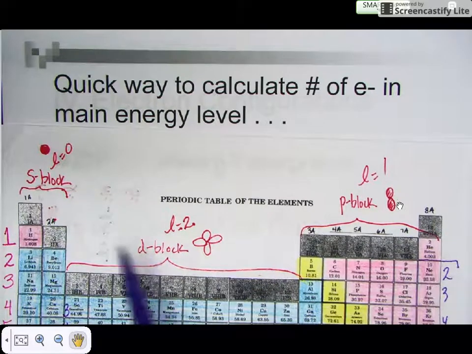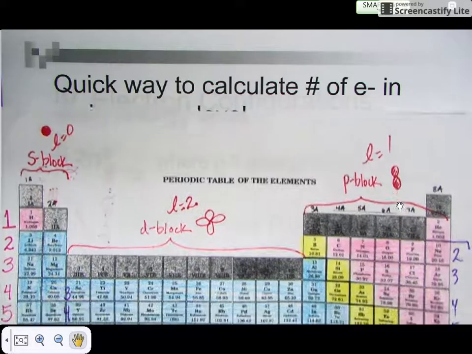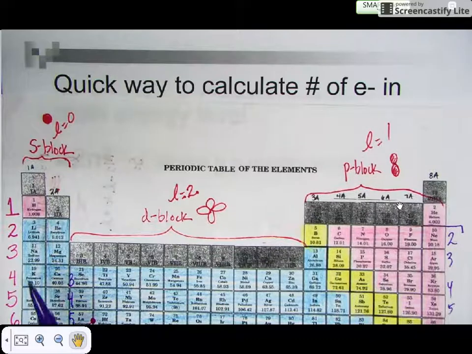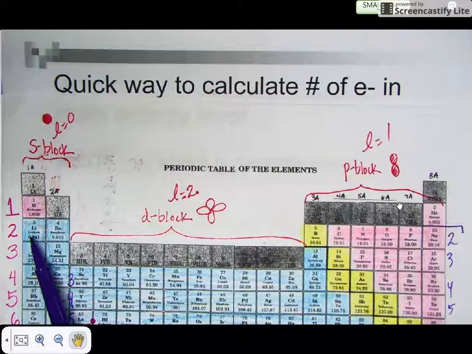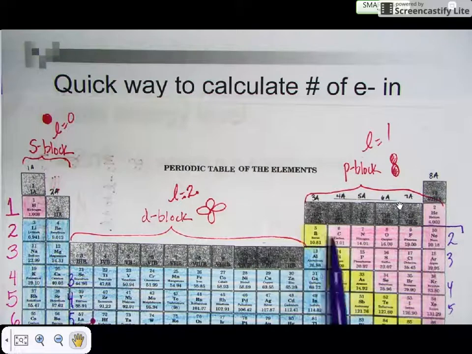Those are the 2 electrons we're talking about there. For the second energy level, we said it could hold 8. So let's look at our second energy level. We've got lithium and beryllium. And then we have boron, carbon, nitrogen, oxygen, fluorine, and neon. And that's a total of 8 elements, or 8 electrons can fit in the second energy level.